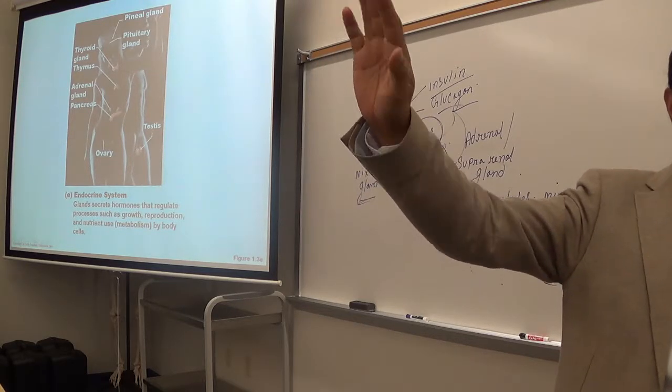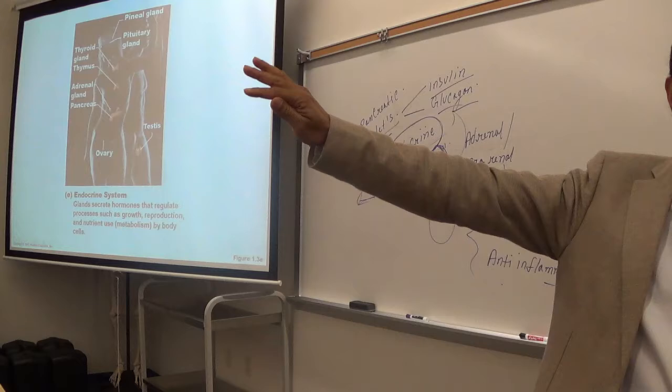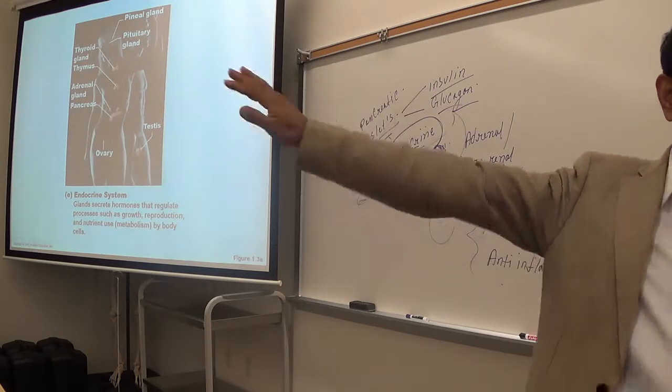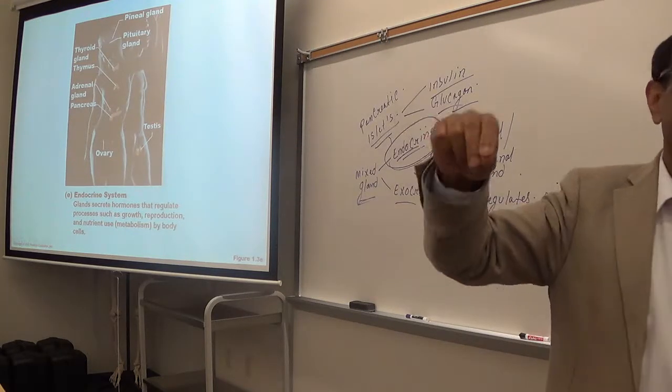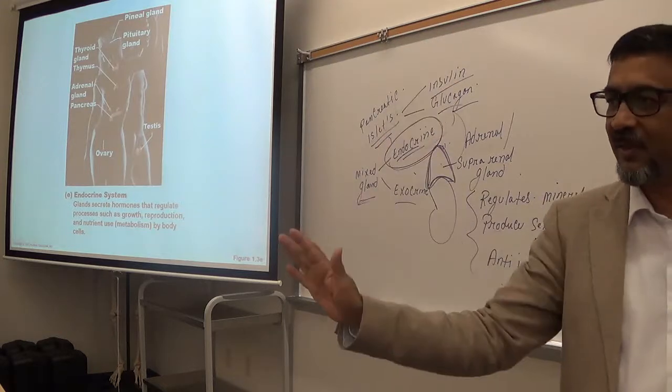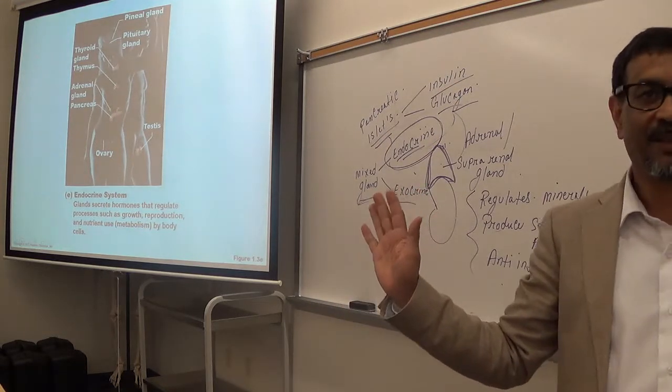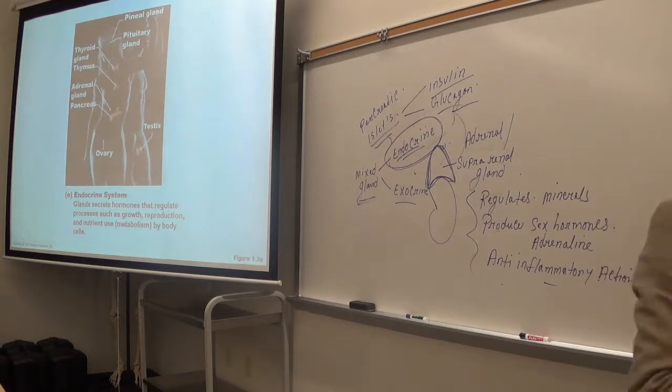Make sense? But that is not endocrine, that is reproductive function. Endocrine function is production of hormones. Which hormones? Sex hormones, right? Is it clear? Sex hormones have many important functions in the body. We are not going to talk about that right now. Just know that gonads produce sex hormones.